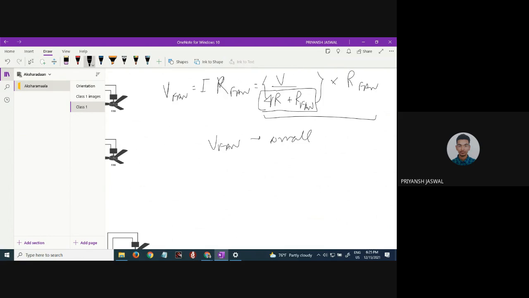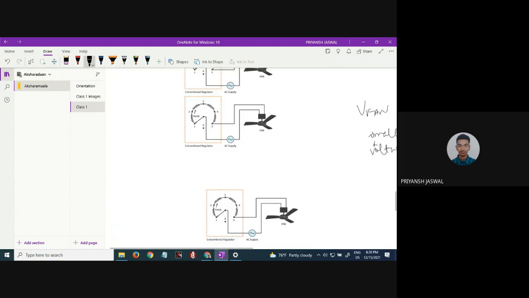You can just consider that the input voltage to the fan is small, so the output will also be small. If we feed something small to a device, it will create a small output. So here we are feeding a small voltage and we get less speed. Okay. Now let's see the next step.